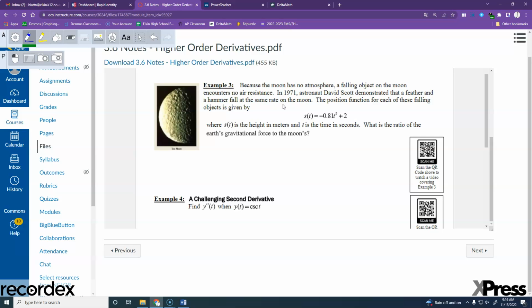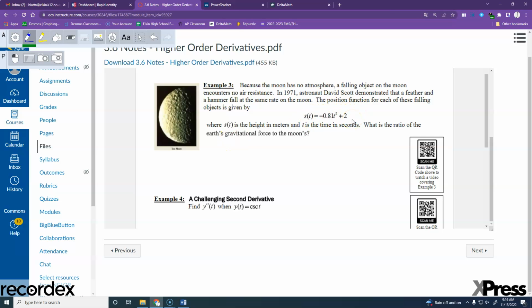So, this gives position, right? So I think we want to compare acceleration due to gravity. I might have to watch Mr. Record's video. I'm pretty sure that that's what it's on here.